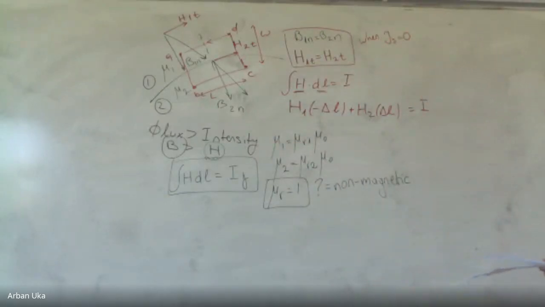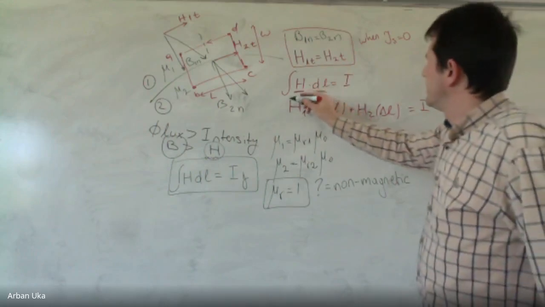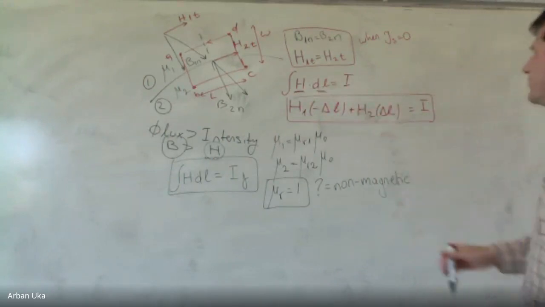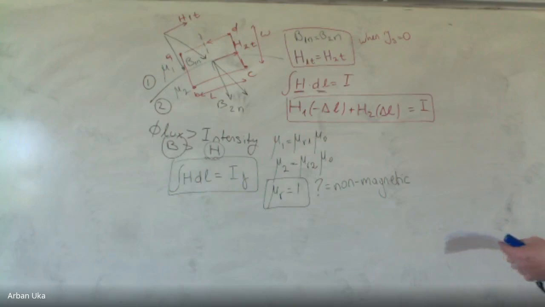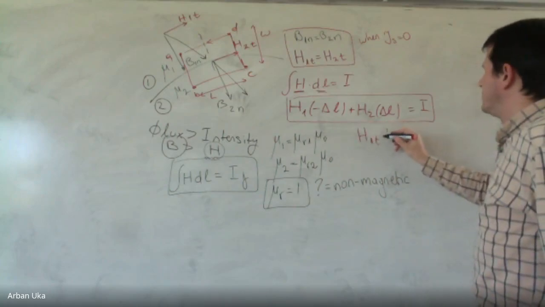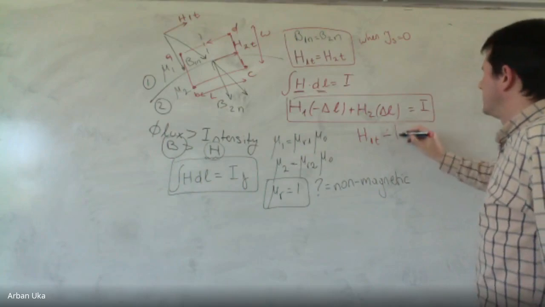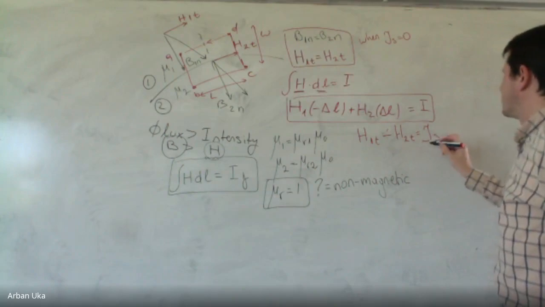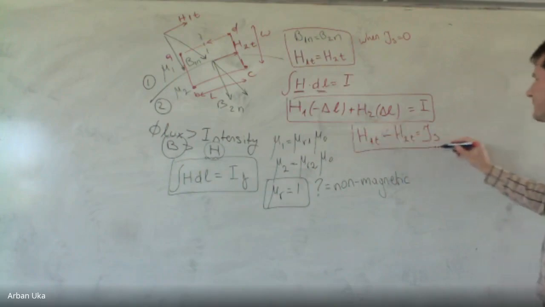Regarding this, for the final boundary condition, we derive both sides by L, and we find that H1 tangent minus H2 tangent is equal to the current density Js.